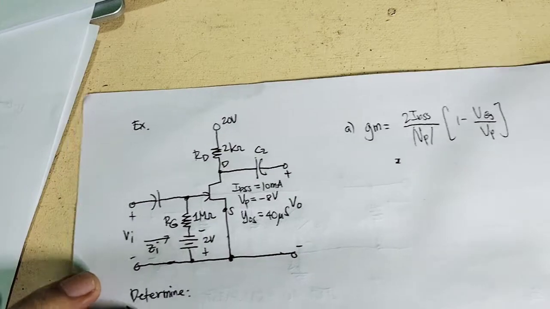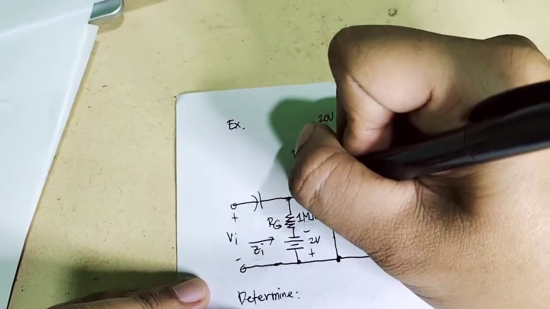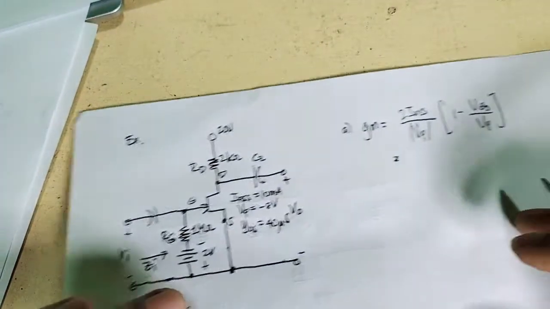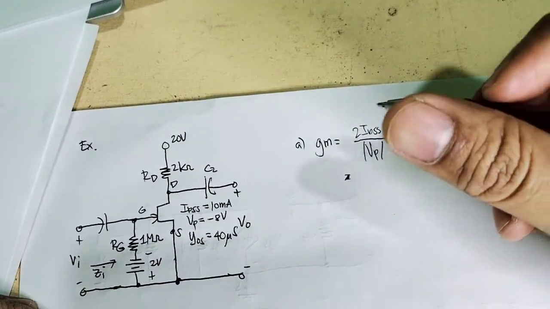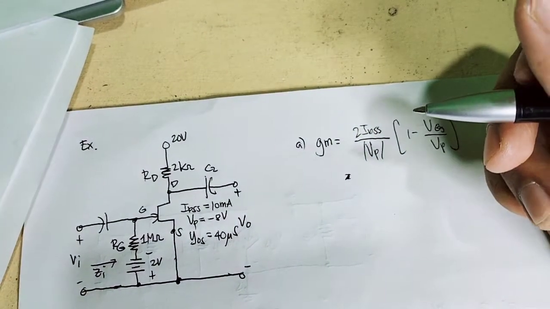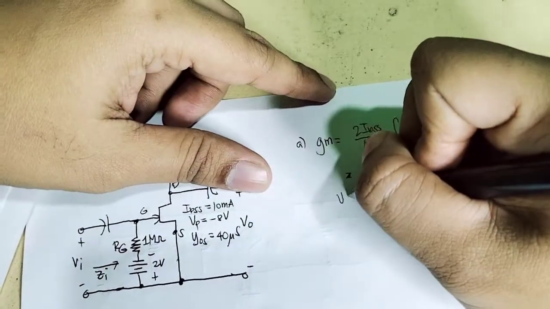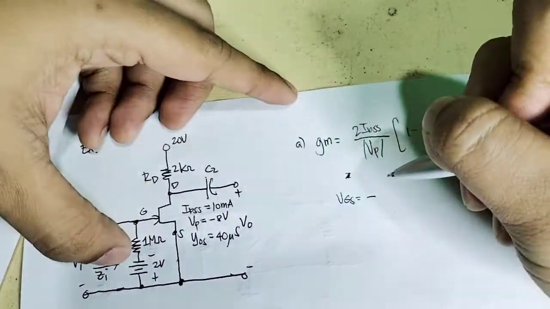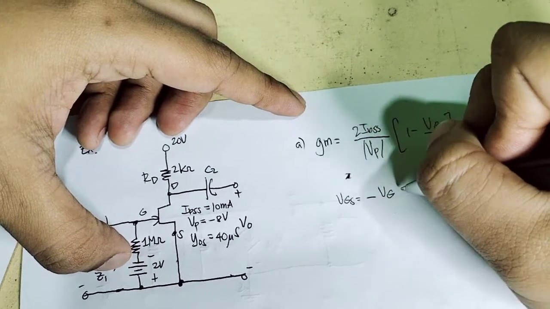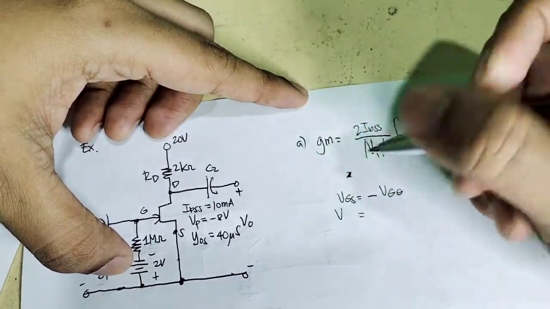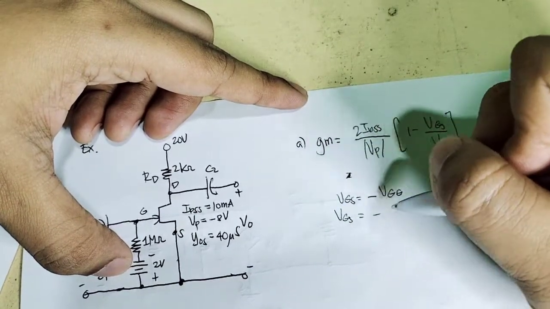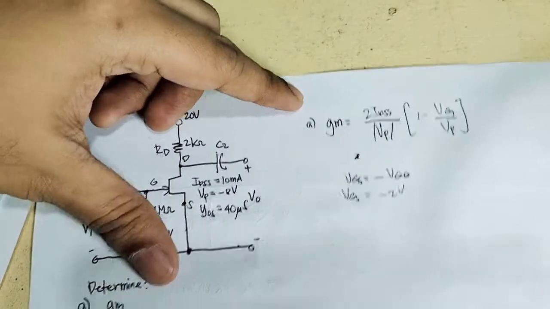So VGS is needed. This is the gate, this is the source. In our Electronics 1, we discussed this topic where VGS is just equal to the negative VGG, where VGG is equal to 2 volts. Therefore VGS is equal to negative 2 volts.